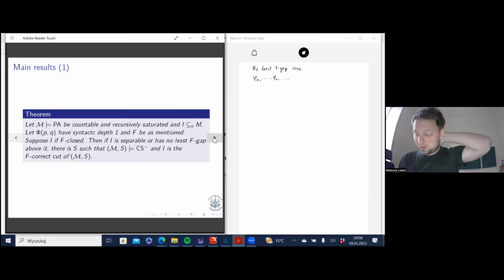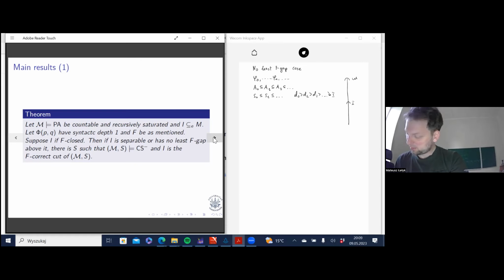So once again we fix this sequence. We'll construct once again these finitely generated sets, and we'll also, in the meantime, construct not only the sequence of satisfaction classes, but also a sequence of numbers which converge to I. The picture is that here, somewhere here, we have D0, D1, D2, D3, and so on.